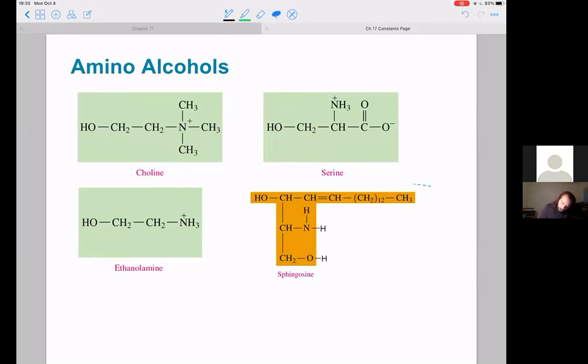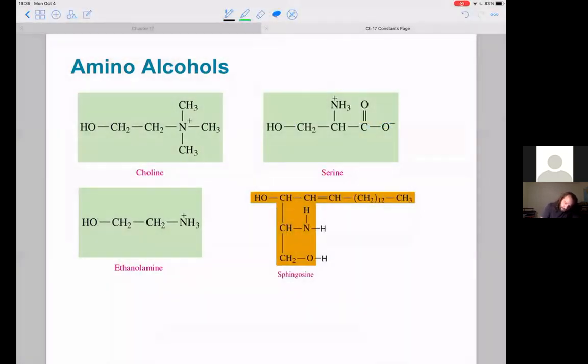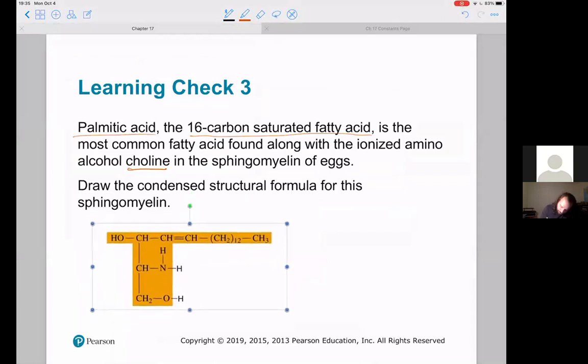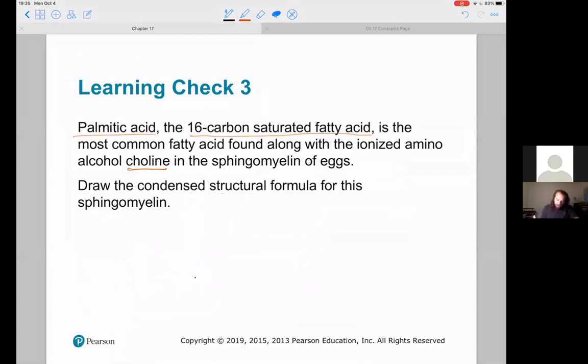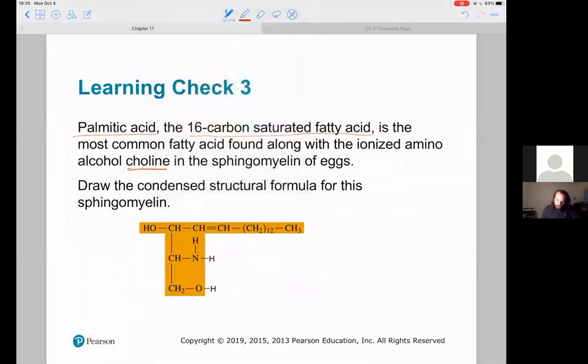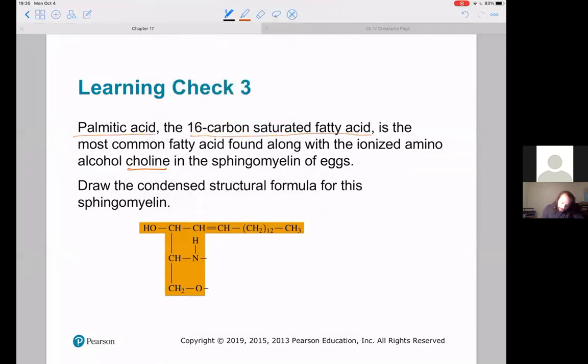So I'm going to be lazy and just copy this here and paste it over here. This is going to be my root, unlike normally when I would have started with a glycerol backbone. Now I'm going to start with this sphingosine backbone. I'm going to get rid of these hydrogens. My fatty acid is connected through an amide bond.